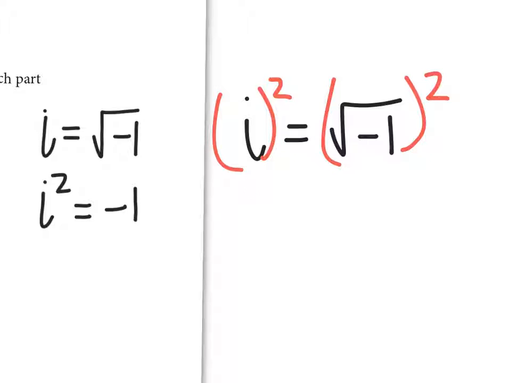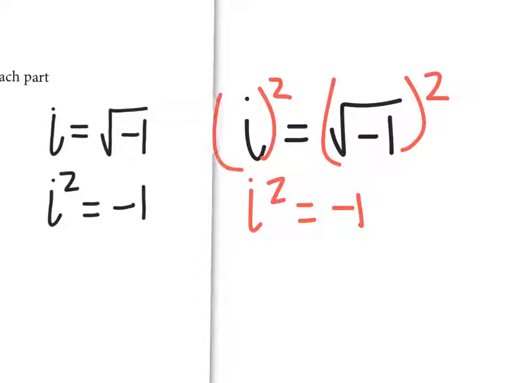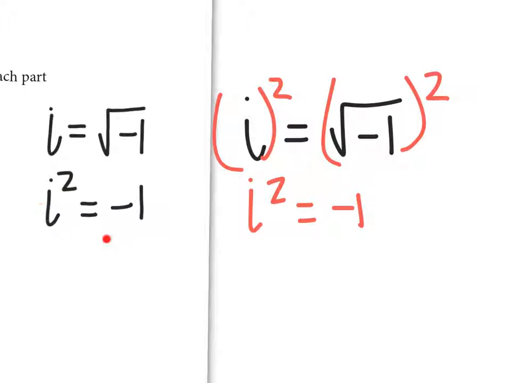On the left side I would have my i squared. On the right side, I have the square root of negative 1 squared, and remember squares and square roots cancel each other out, so I'm really just left with negative 1. That is why i squared over here on the left is equal to negative 1.